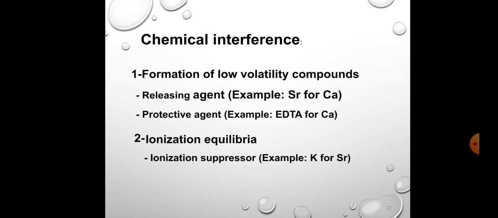But another type of interference is chemical interference. That is two types. One type is formation of low volatility compounds.